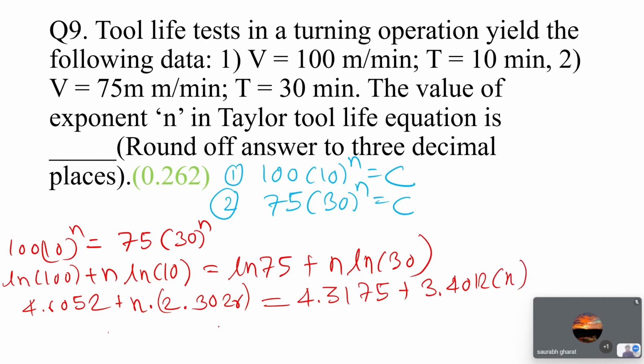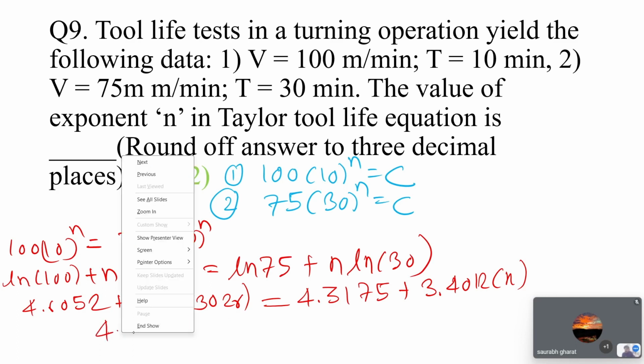If you get it at n, that is not a problem. So what we will have, 4.6.